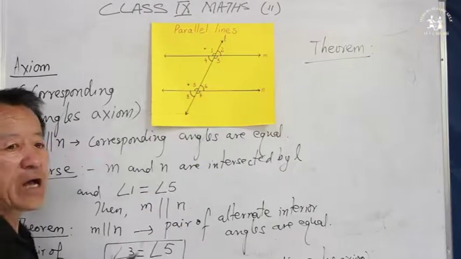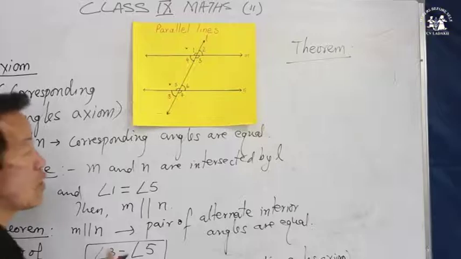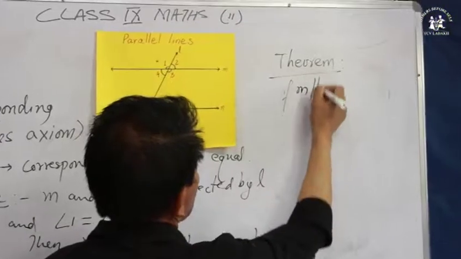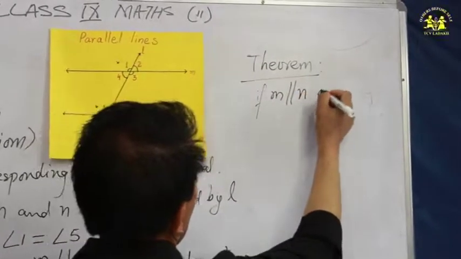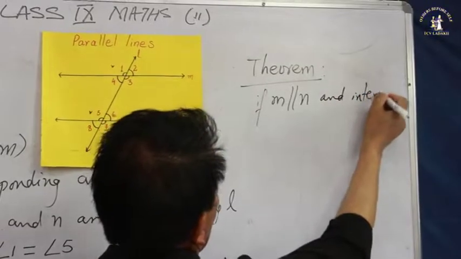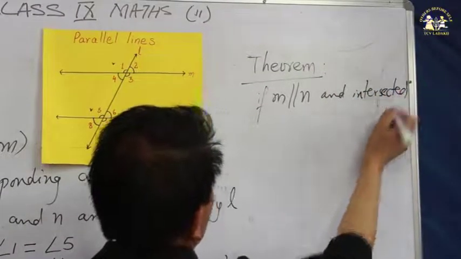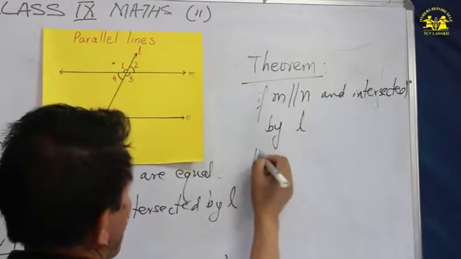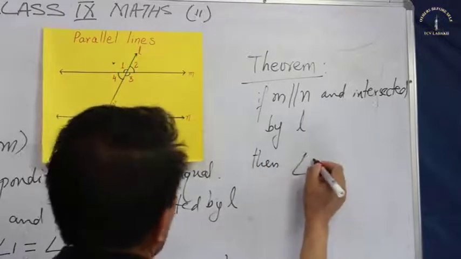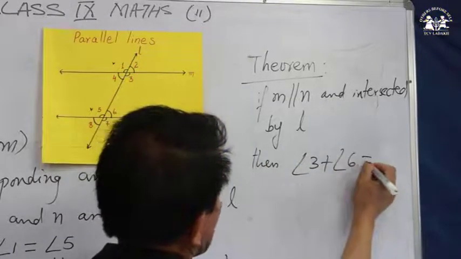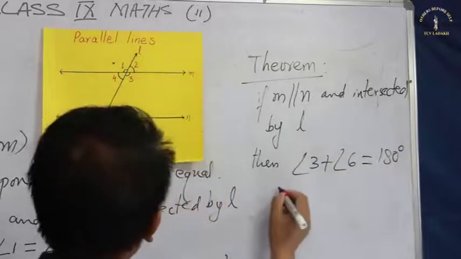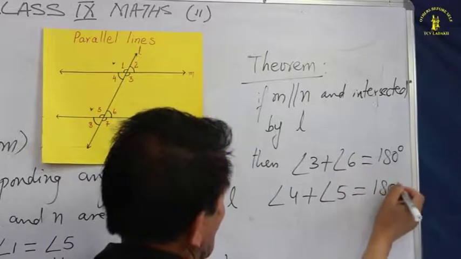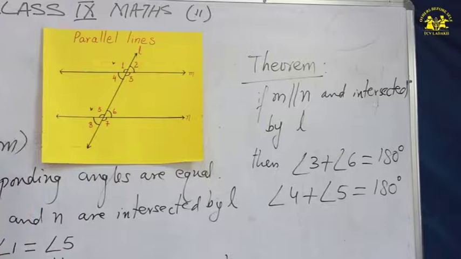The sum will be 180 degrees. So in this case, M is parallel to N and intersected by transversal L, then angle 3 plus angle 6 is equal to 180 degrees, and angle 4 plus angle 5 will also be equal to 180 degrees.